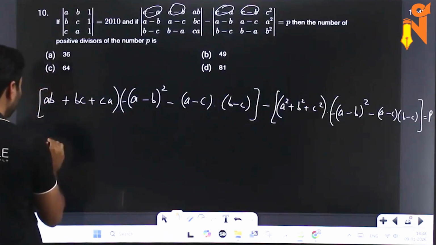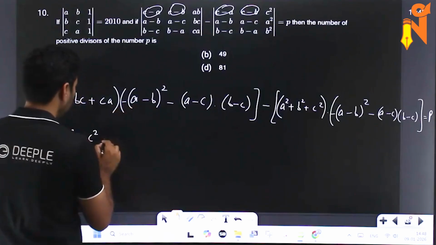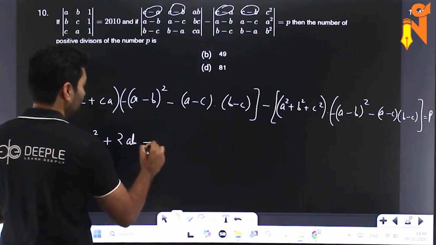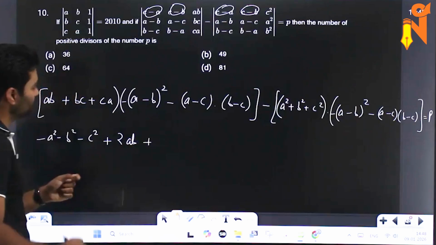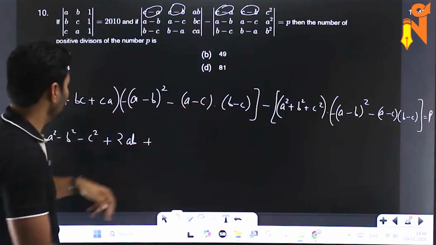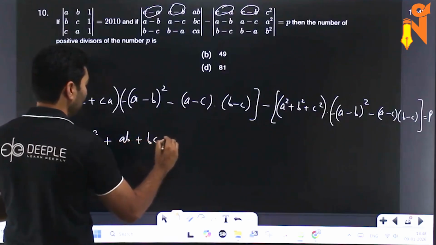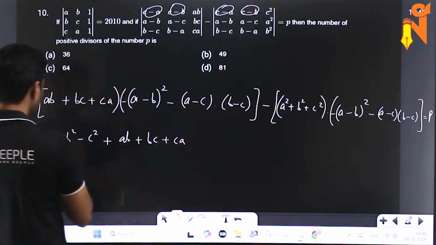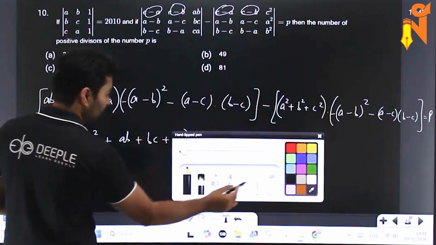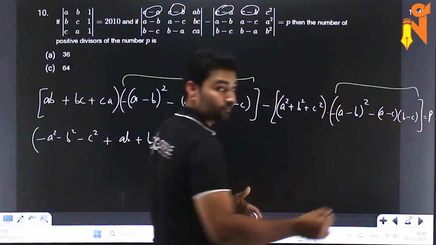So this is actually minus A square minus B square minus C square. Then I am getting here plus 2AB, from here minus AB, so only AB here, and plus BC plus CA from here. I am taking this expression common because this is exactly the same.